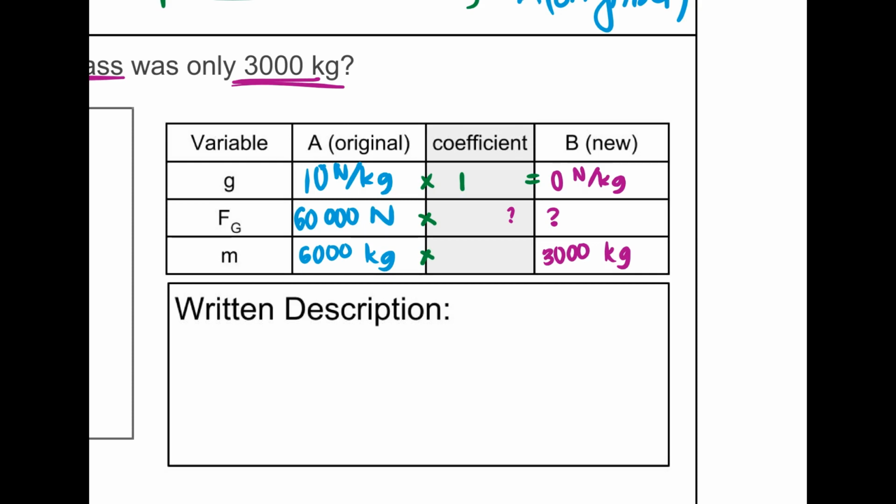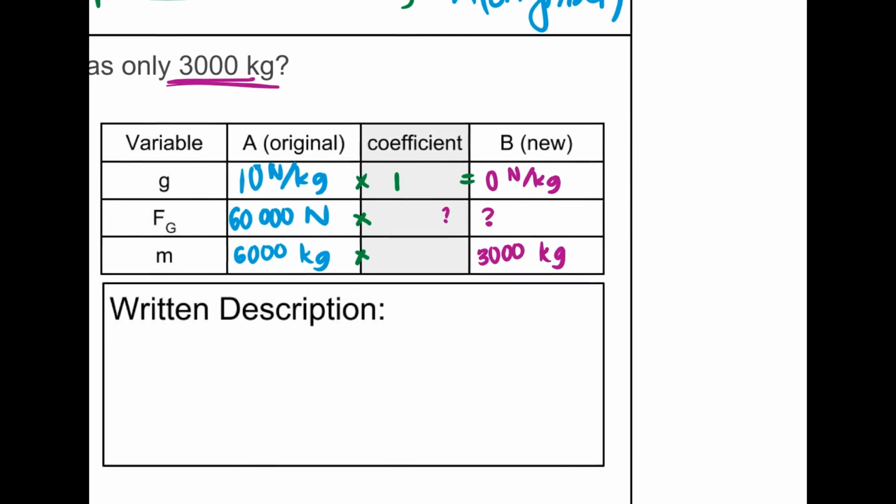3,000. Now I know that 6,000 divided by 2 is going to give me 3,000, but the problem here is we want something to multiply. So if we have divide by 2, when we're multiplying, we could just multiply by the reciprocal to get the same answer.